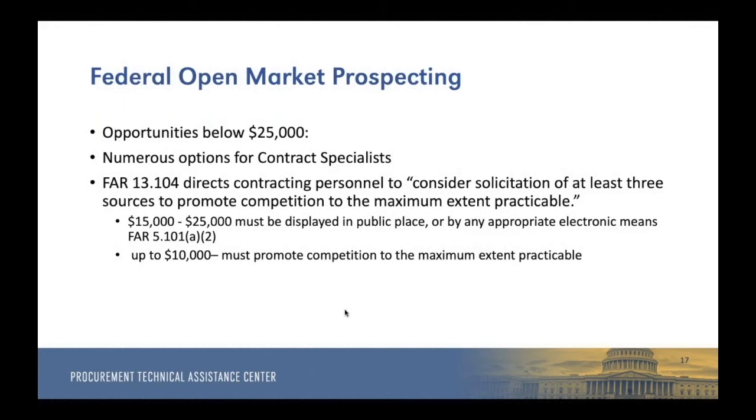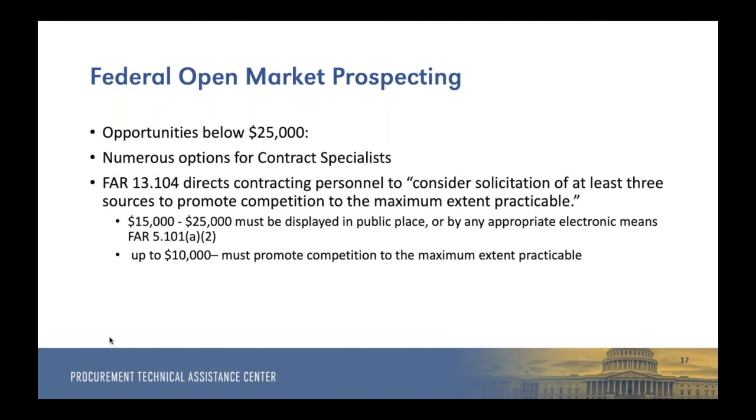So they're just trying to find creative ways to look for these opportunities that are between $15,000 and $25,000. And again, the bad part about it is that every agency is doing it their own way, how they're disseminating this information. And then under $10,000, it's considered a micro purchase, and it can go on a credit card.